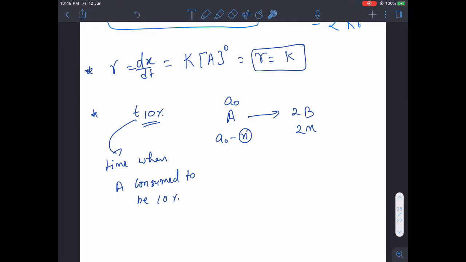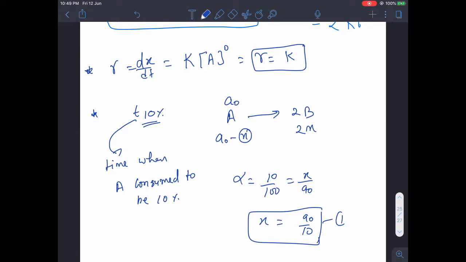Now, this 10% is nothing but alpha, the degree of dissociation, you can relate it with that. So, alpha is given as 10%, means 10 divided by 100, and we know how to write alpha. Alpha, the degree of dissociation, means how many moles of A are dissociated divided by how many moles I initially took. So, this will be x upon A naught. From here, I got x is equal to A naught by 10.